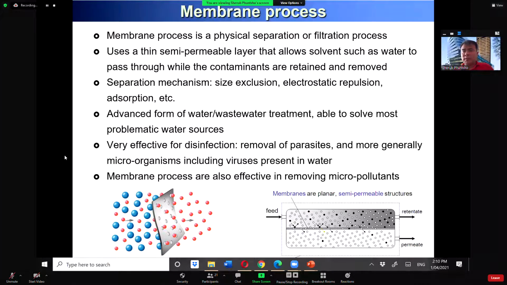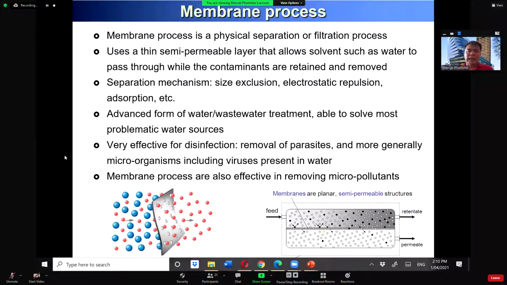So it depends on the pore size of the membranes. It can be larger pores for larger particles, say suspended particles, which can be a few micrometers, so those can be easily excluded by the membrane. We call it size exclusion.